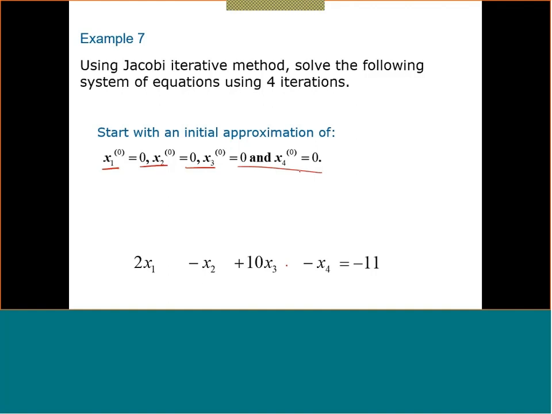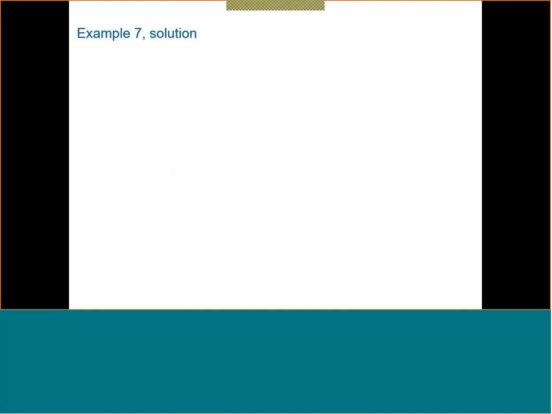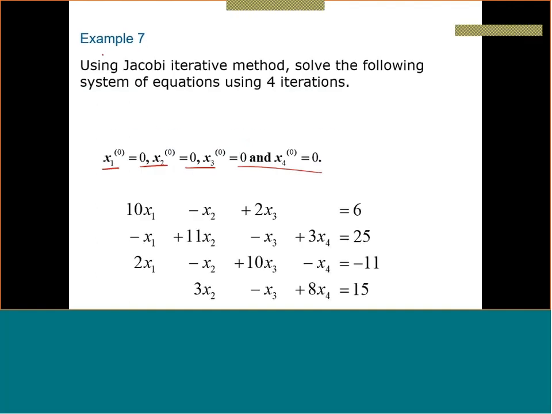So we need to start with rearranging the equations. Let's go back to the first equation. It's 10x1, so I will keep 10x1 on one side and divide everything by 10.